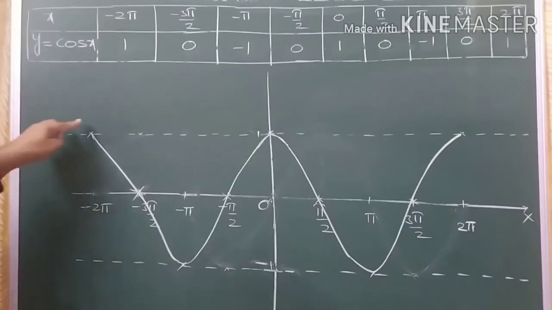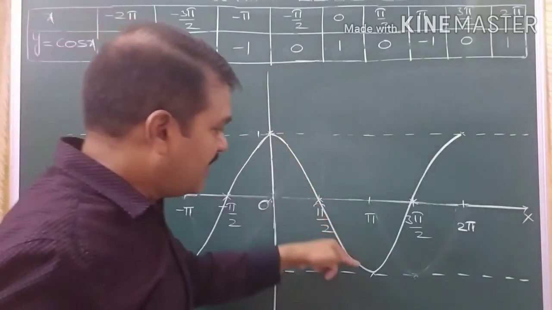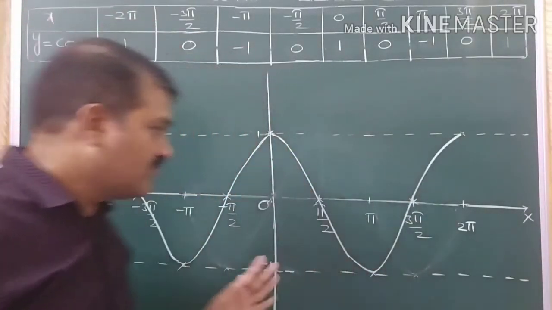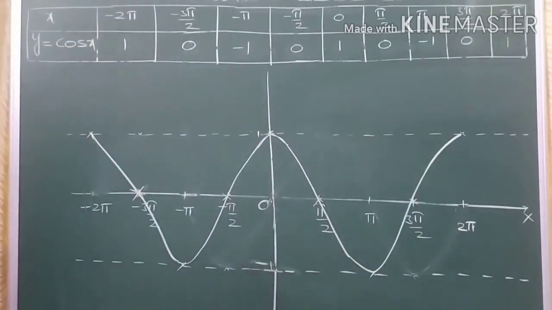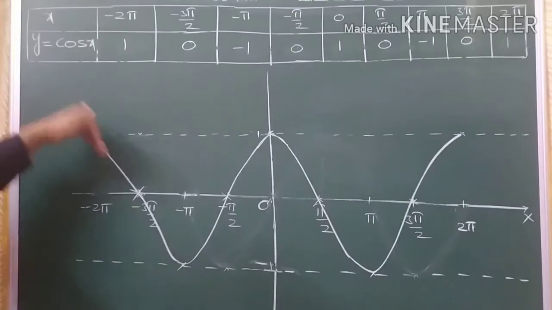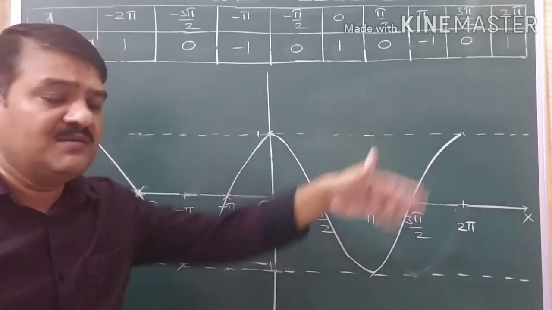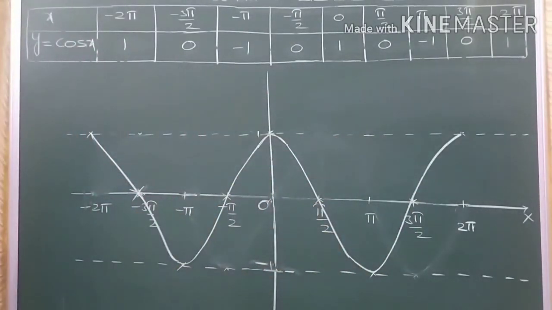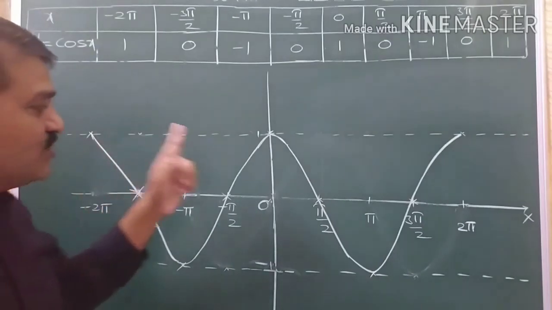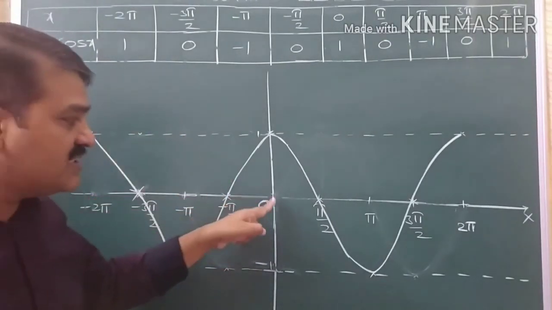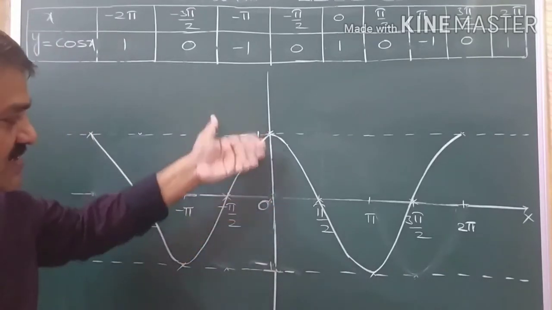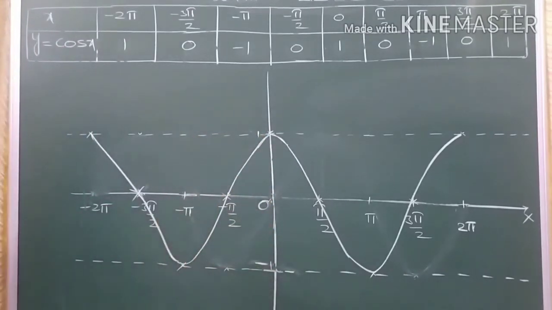So this is also wave shape, same as sin x model. You got the shape of a wave only, but you can see that shape is wave shape only. The location is different, because sin x graph passing through origin, you observed in the previous graph, sin x graph was passing through origin, whereas cos x graph is not passing through origin.